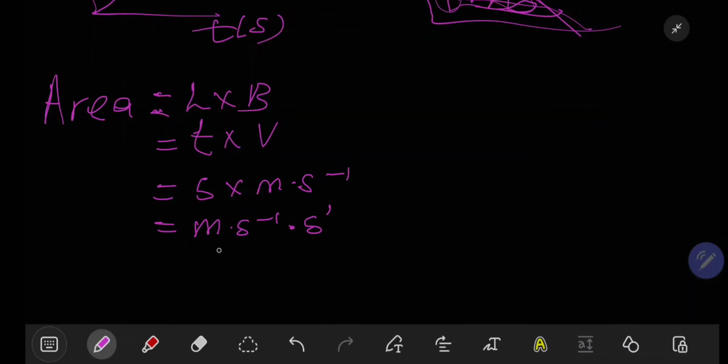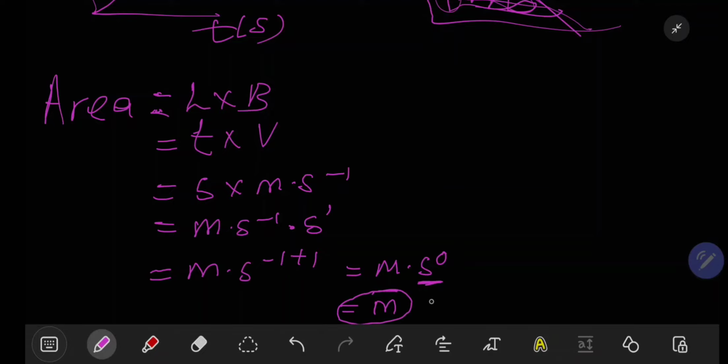Then we know that when we multiply powers of the same base, we do what? We add the exponents. Then we're going to have m multiplied by s to the power negative 1 plus 1, which gives us m multiplied by s to the power 0. Any number to the power 0 is equal to 1. 1 multiplied by this meter gives us meter. So this meter, you can see that this is the SI unit for displacement.